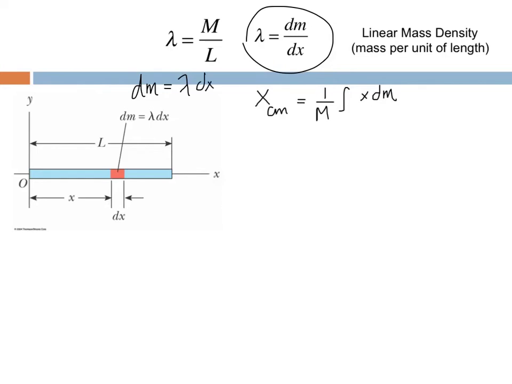That means wherever I see a change in m, I can replace that with a lambda dx. Now, here I can see that I have both an x and a dx. So I can take the integral of this, and this becomes 1 over m. In this case, my lambda is a constant, so I'm going to go ahead and pull that out.